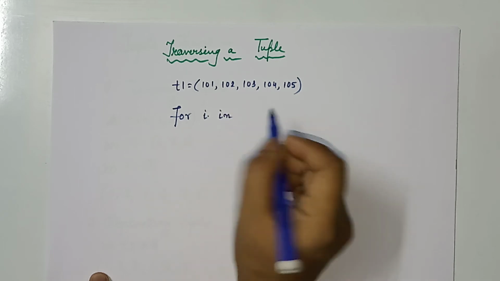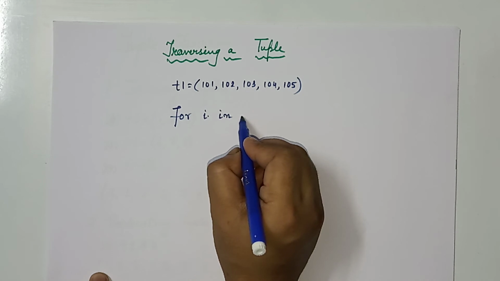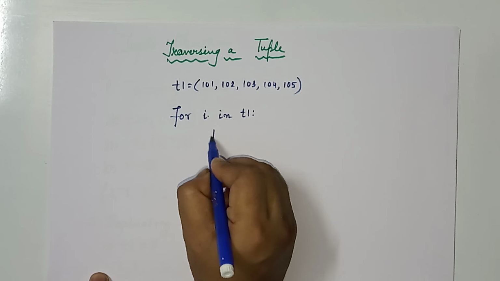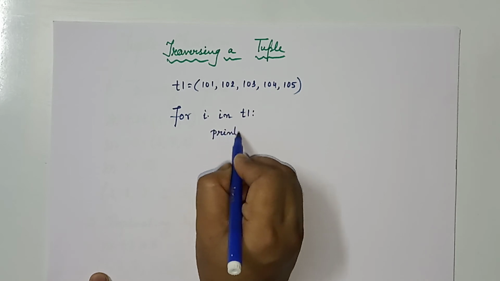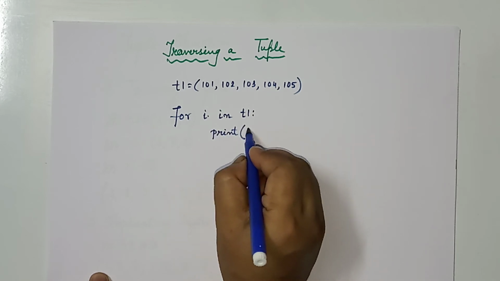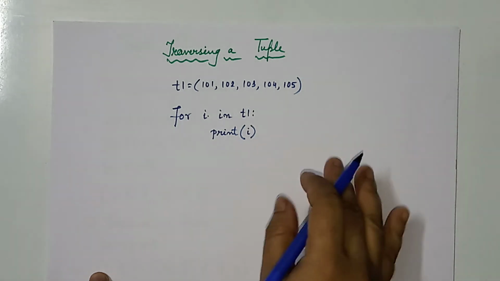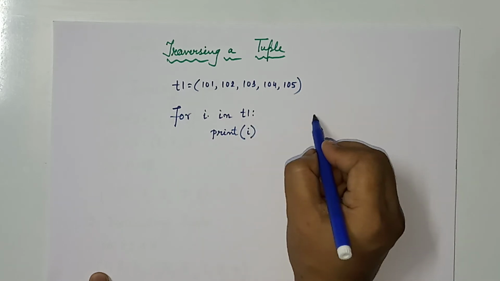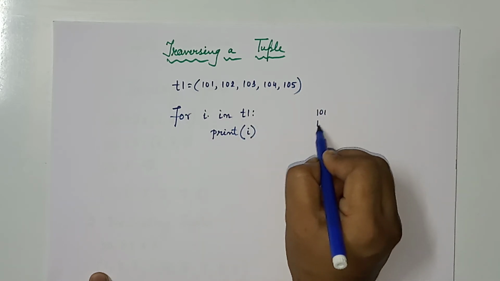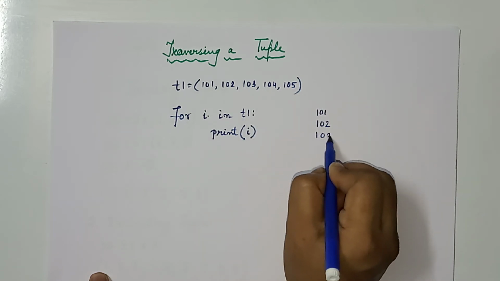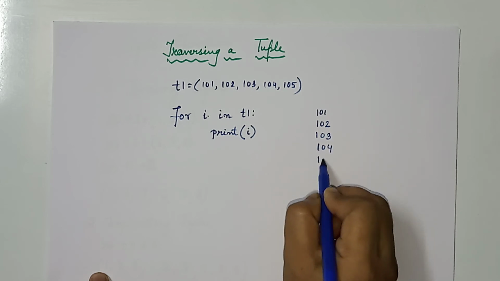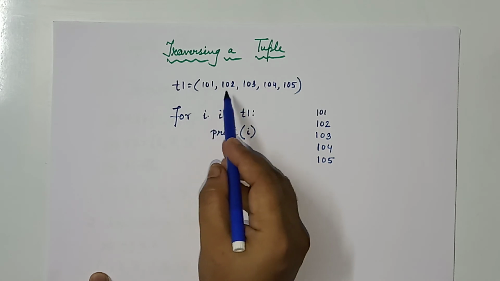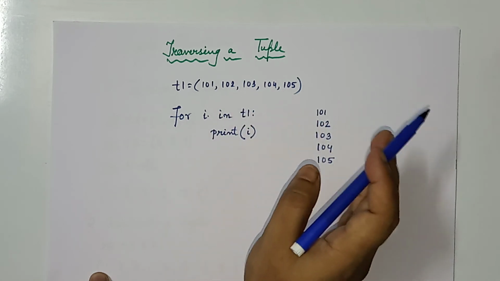For I in T1, print I. So it will give you the output as 101, 102, 103, 104, 105. This is one way in which I is going to access each and every element of the tuple.